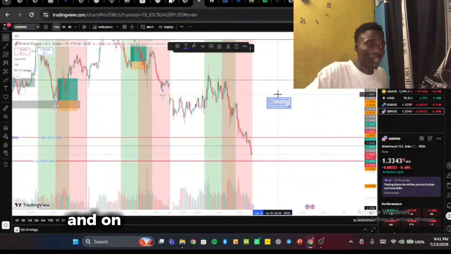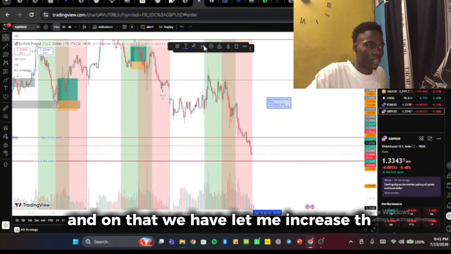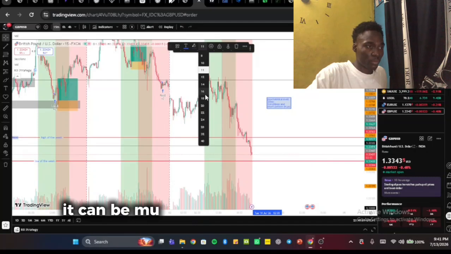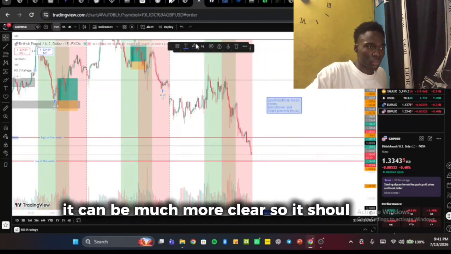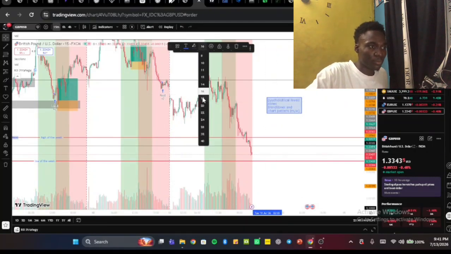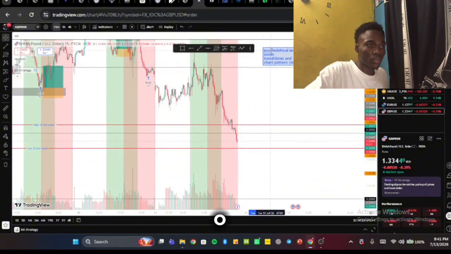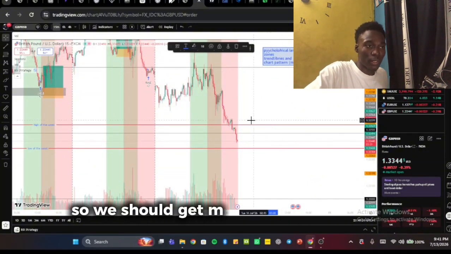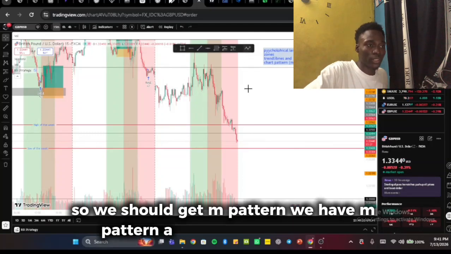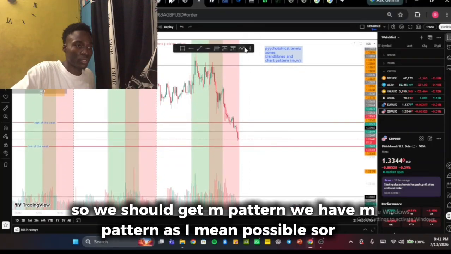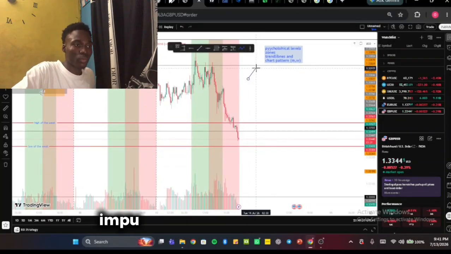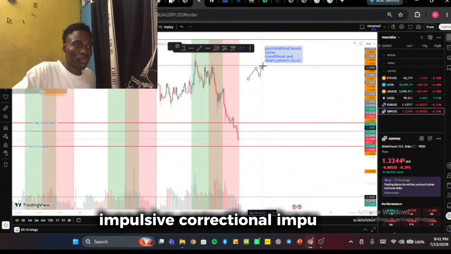Let me increase this so it should be much more clear. Let me change it to 18. Okay, so we should get the M pattern. We have the M pattern as impulsive, correctional, impulsive.